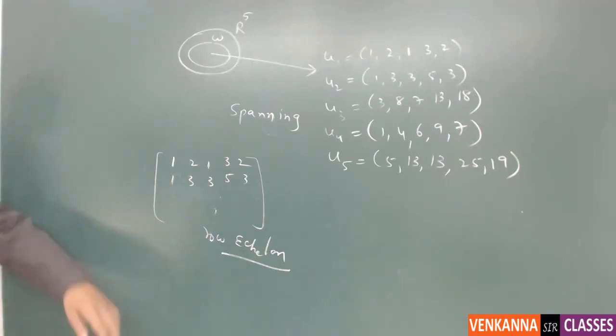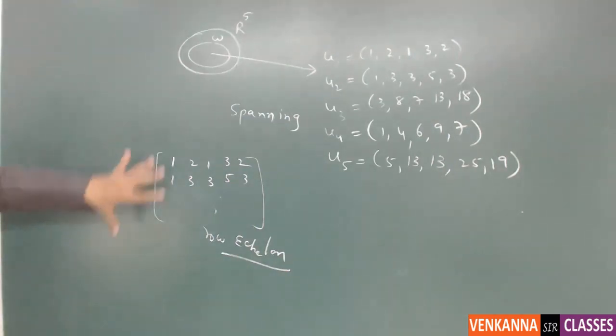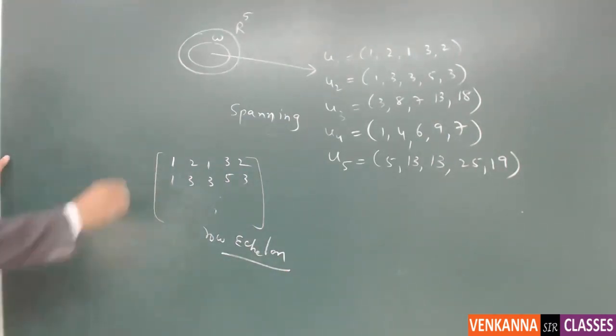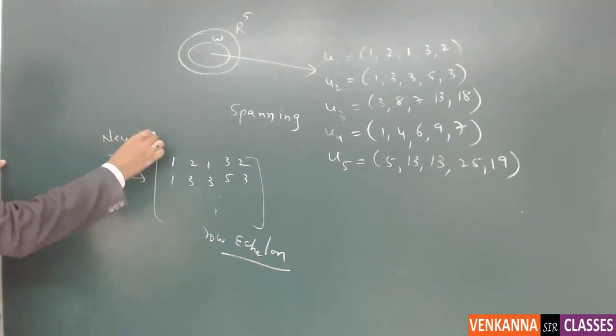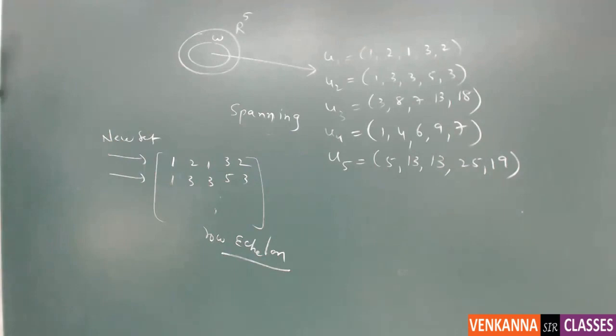From that, you eliminate the dependent vectors, and you get a new set of vectors from the rows, which are a basis for the vector space. From that you will get the dimension. That is what we do in the procedure.